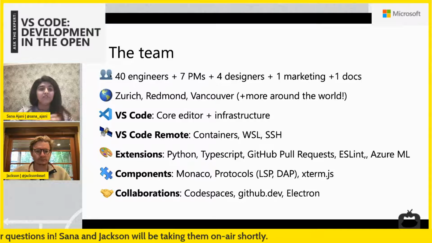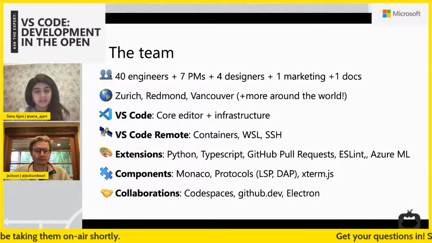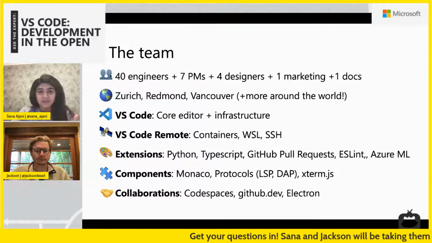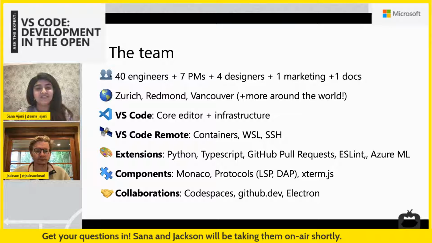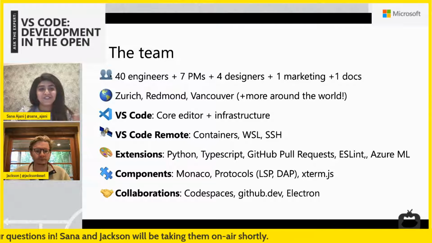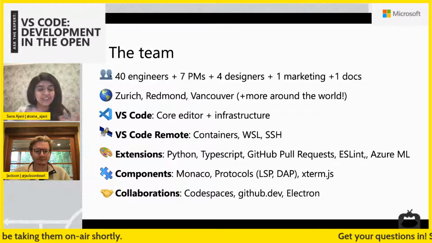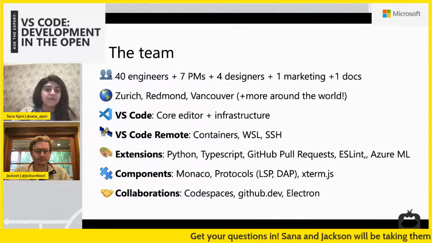We also have a team of PMs, designers, marketing, content, and everyone to make it a good team effort. Our headquarters are Zurich, Redmond, and Vancouver. So we pretty much have all the hours of the day covered. If you ever have an issue and post on GitHub, probably someone on either part of the world is awake. And we also have more people distributed remotely as well.